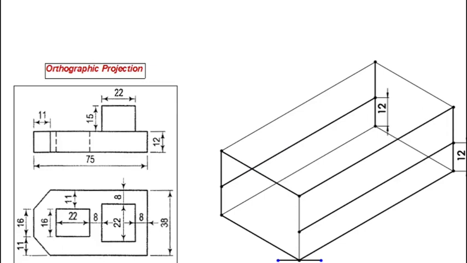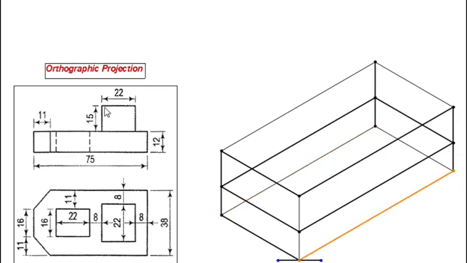Now joining the endpoints of these lines, this is the line, and similarly from these lines. Now one surface is ready here, which is 12 mm above the base surface of the box.